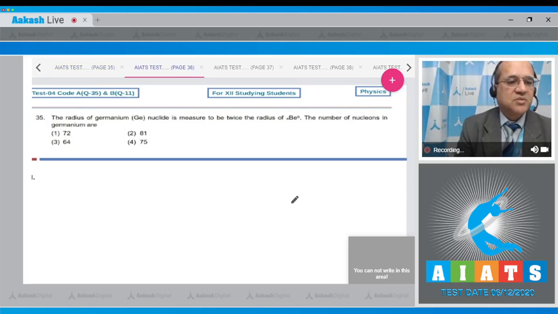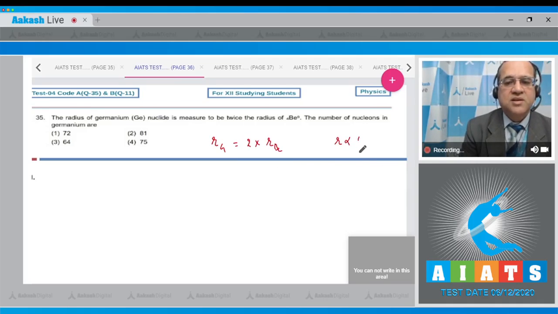Question number 35. The radius of the germanium nuclide is measured to be twice the radius of beryllium. What is the number of nucleons in germanium? Now, dear student, the radius of germanium is given equal to twice the radius of beryllium. Now, the relation of the nucleus radius to the mass number is power 1 by 3.